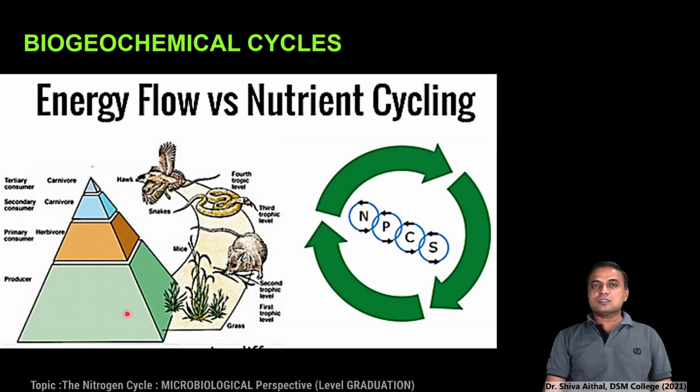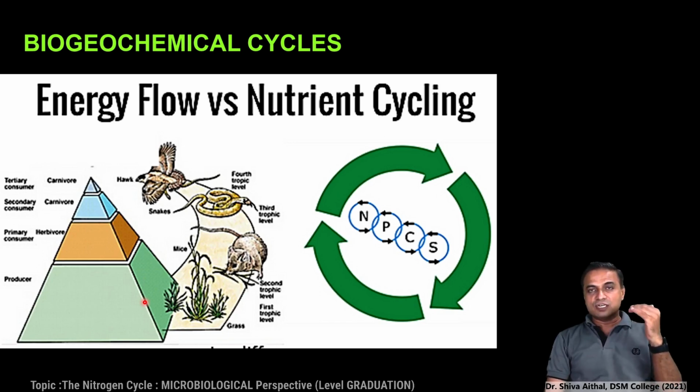So the producers are at the very key level of the food chain, and they are the ones who are constantly involved in uptake of this atmospheric nitrogen, with the help of microorganisms of course, and then transfer it to the next level of the consumers, that is the primary, secondary and the tertiary consumers.